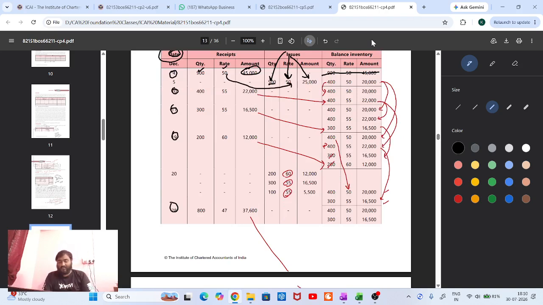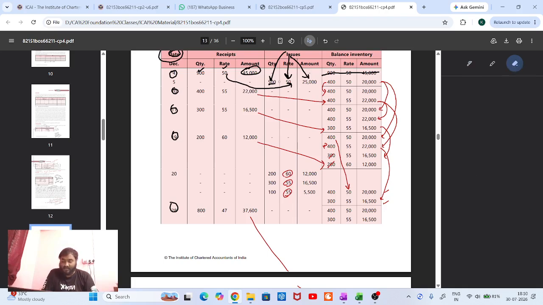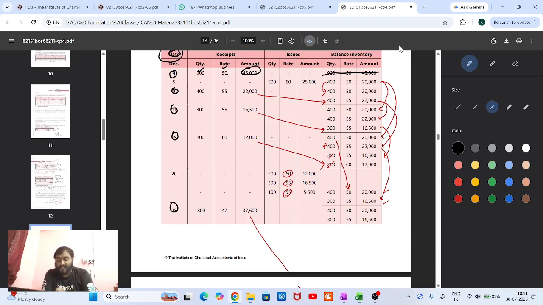Sir, why are we taking the receipts rate and using it for issues? Because that is a secret. We have to use the rate of receipts as the rate of issues because imagine out of 900 you sold 500 at 50 rupees.